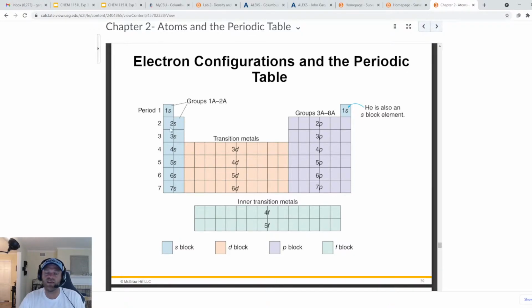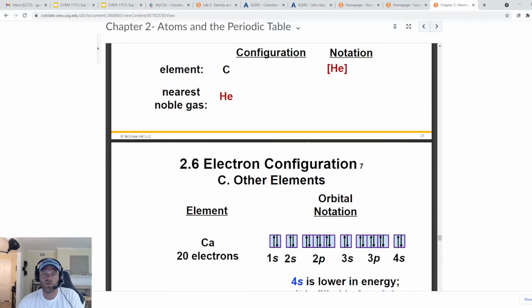So all of these atoms from the first 2 columns, their electrons are in the s orbital, all right? And once I fill those up, I move over here to other energy levels. So I'll always fill in those s's first. Let's say I'm on period 2 here. Once I get over here to groups 3 through 8, I'm putting electrons in on the p orbital, right?